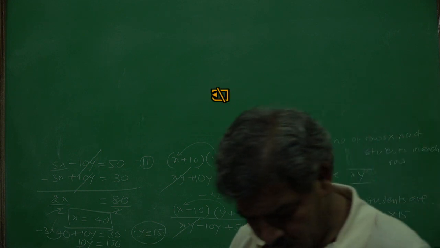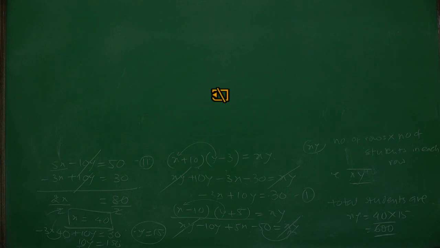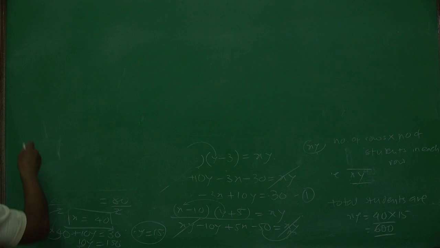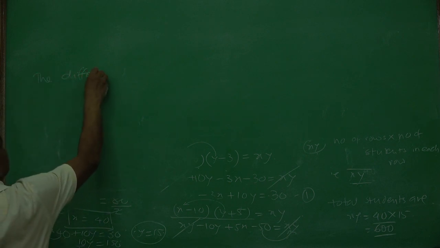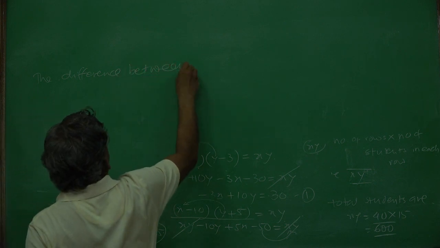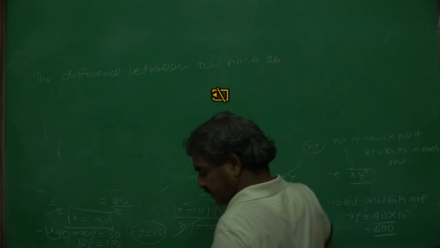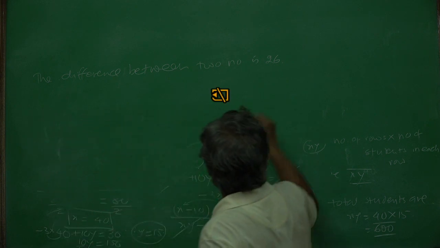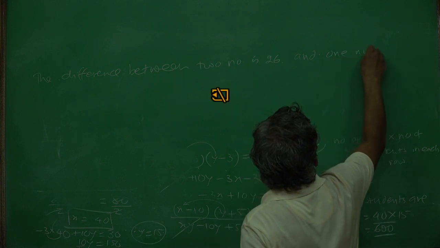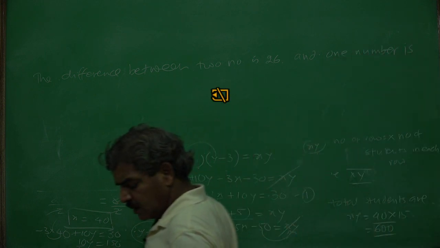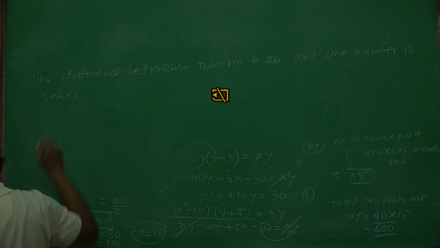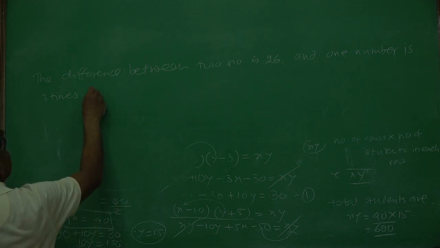Here we go. The difference between two numbers is 26. 3 times the other.